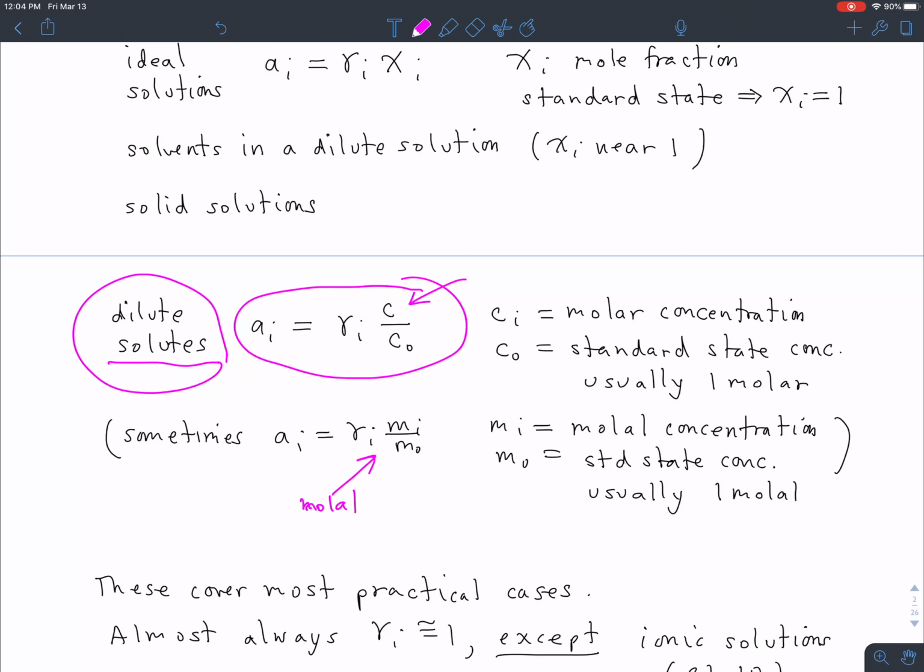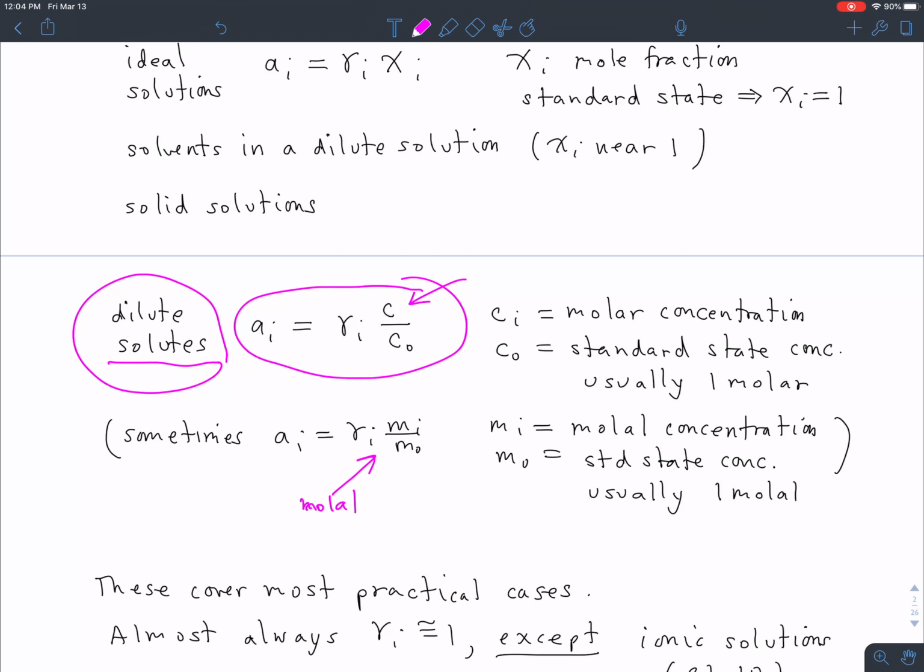Our book, in fact, tends to use it even in situations where I haven't seen it used before. I don't know if there's any situation, however, where mole concentration is actually required. In all the situations I know of where mole concentration is used, molar concentration would actually work at least slightly better. So in all of my notes, I'll be using molar concentration exclusively.